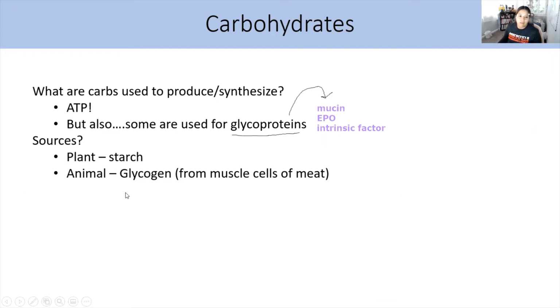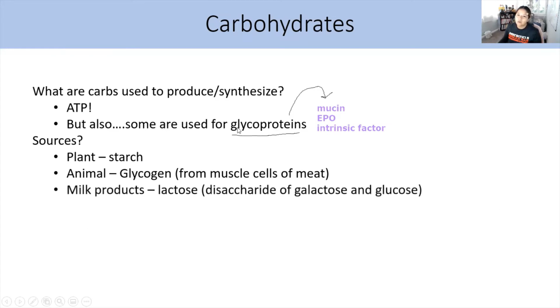And so we have glycogen in the meat that we eat. And so that's how we get some of our carbohydrates. And then also milk products will also have lactose, and lactose is a disaccharide of galactose and glucose, which are two monosaccharides. So that's what we use carbs for, and then also where we get those carbs.